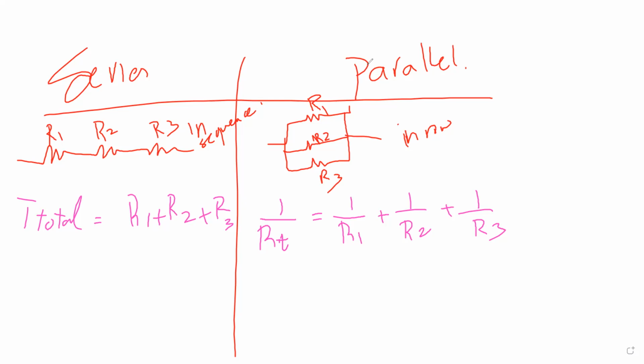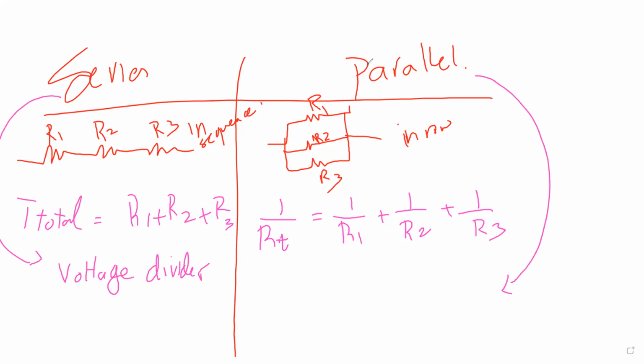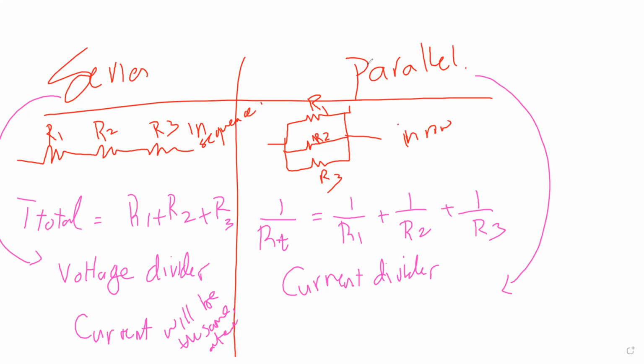Now, in series, we call it a voltage divider. The series is a voltage divider. That means the voltage will be distributed. But the parallel, we call it a current divider, because the currents here are divided on each branch. Since in series the voltage is distributed, the current will be the same at each point.